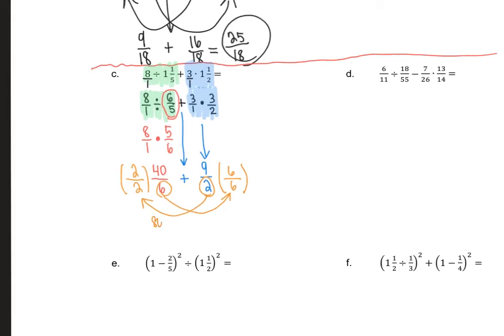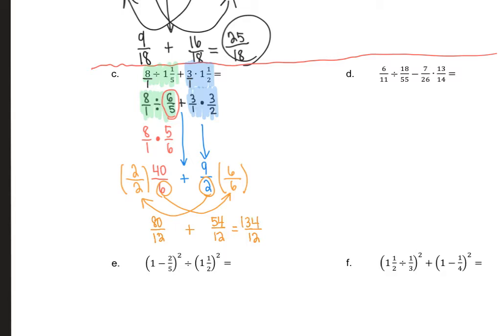So I get 80 over 12. I get 54 over 12. I'm good to go with my 12s. That makes me happy because when I see them matching, I know I'm on the right track. I add up the 80 and the 54, and I get 134.